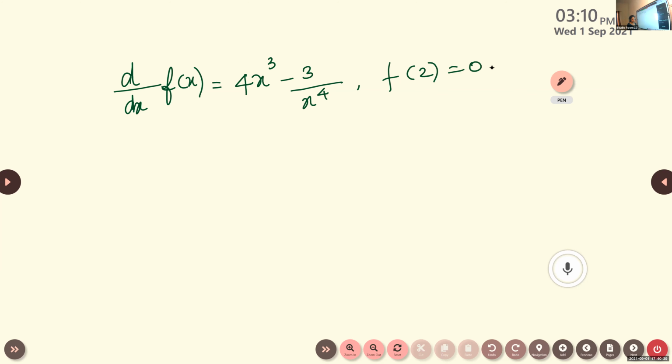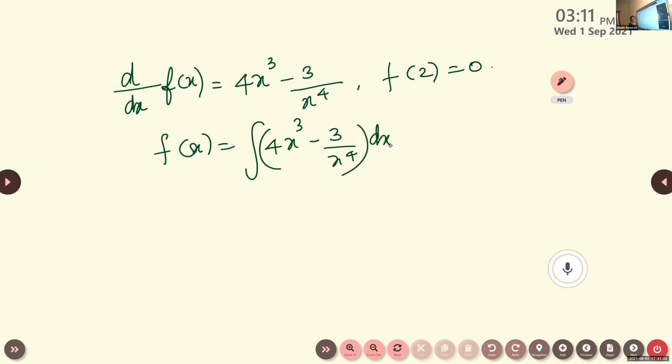Since the derivative is given, we want to find the antiderivative. So f of x is the integral of (4x cubed minus 3 by x raised to 4) dx. We have to integrate this term.